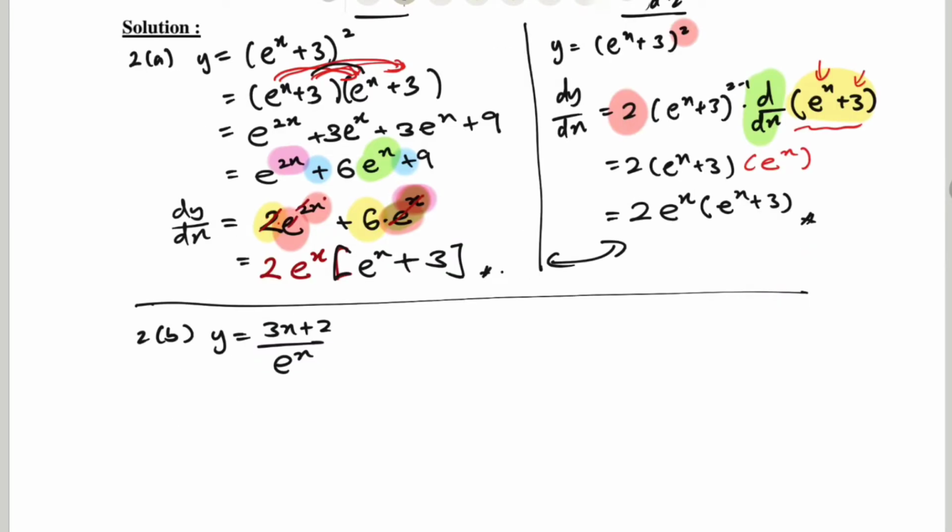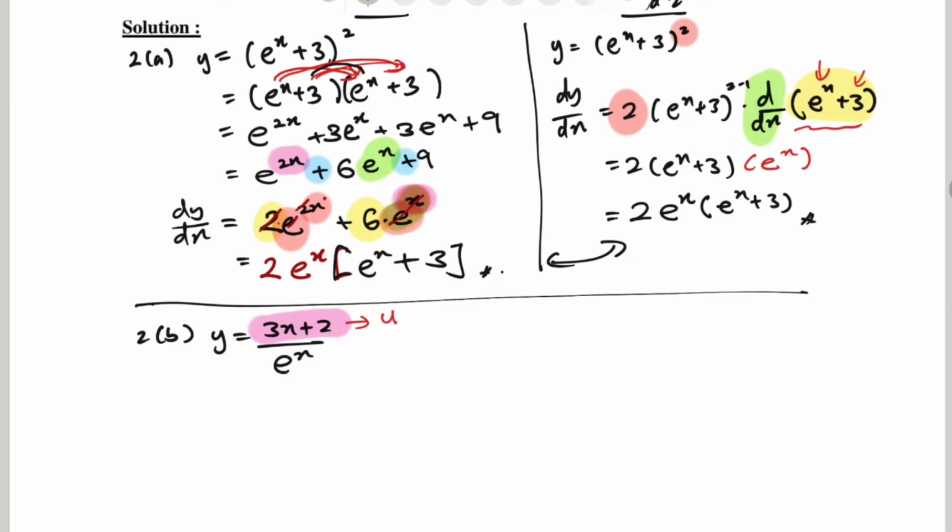Now, let's look at the next example, 2b. We have the function y equals (3x plus 2) over e to the power of x. Okay, so whenever we see a fraction, that means we can use the quotient rule. And when we want to use the quotient rule, we need to have the u and also the v. Remember the order.